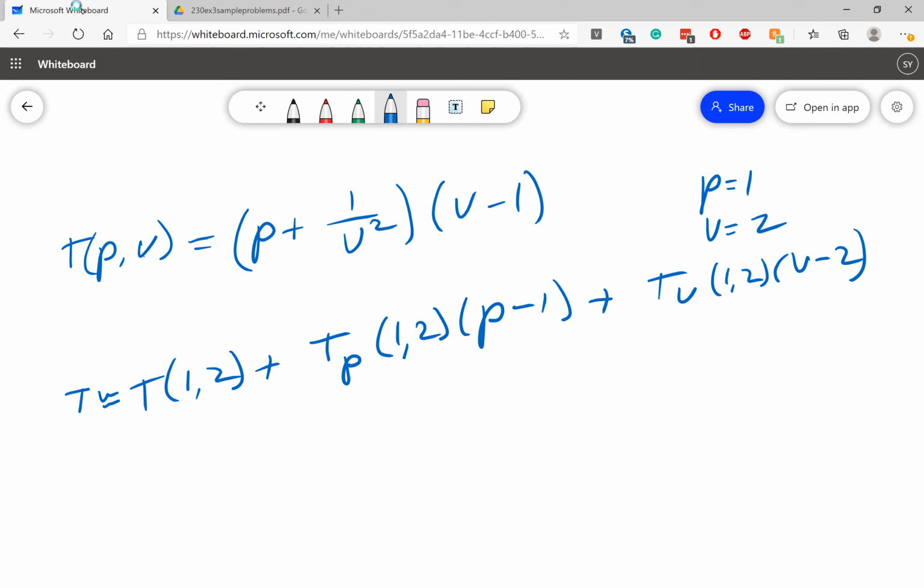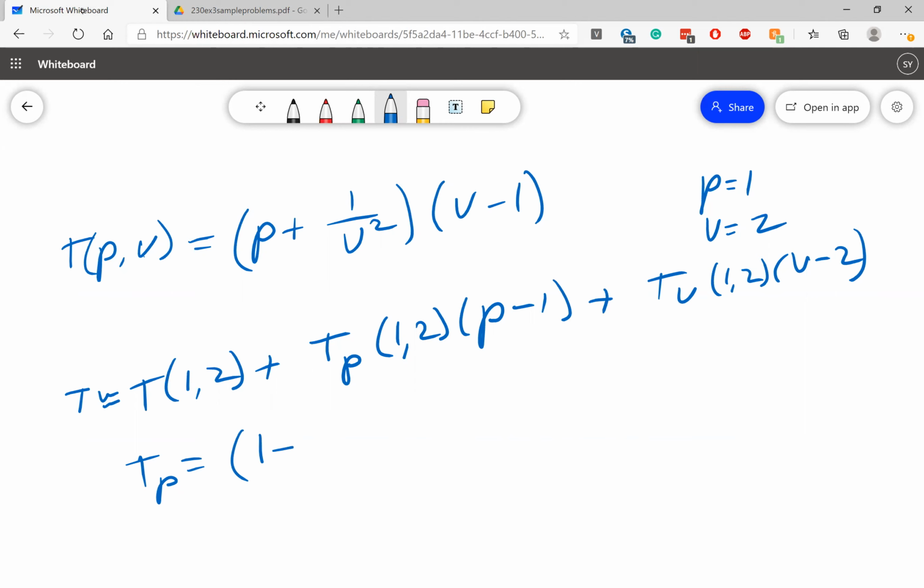So let's start by taking the partials. So partial of T with respect to P is going to be equal to, well, we can just take the derivative of this and keep this the same.